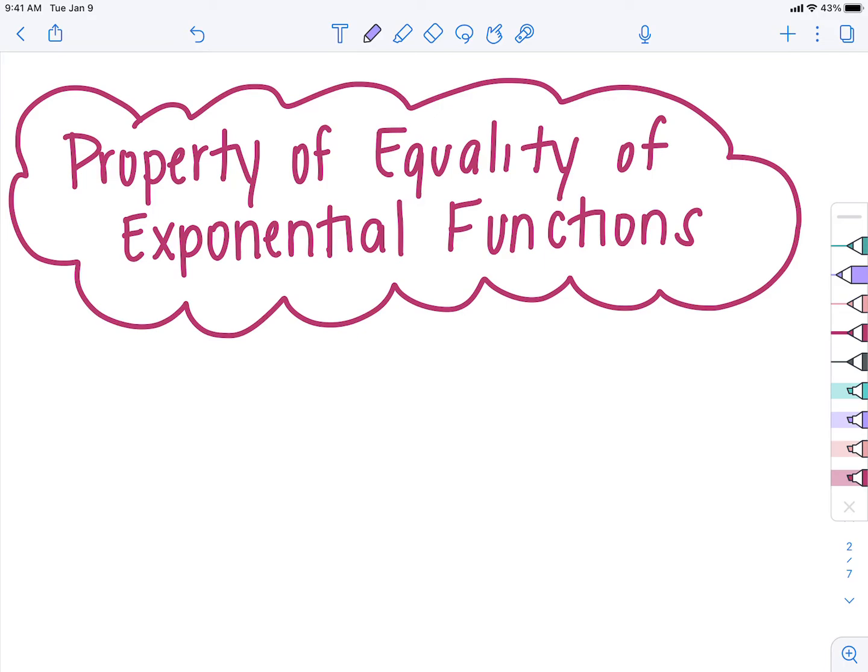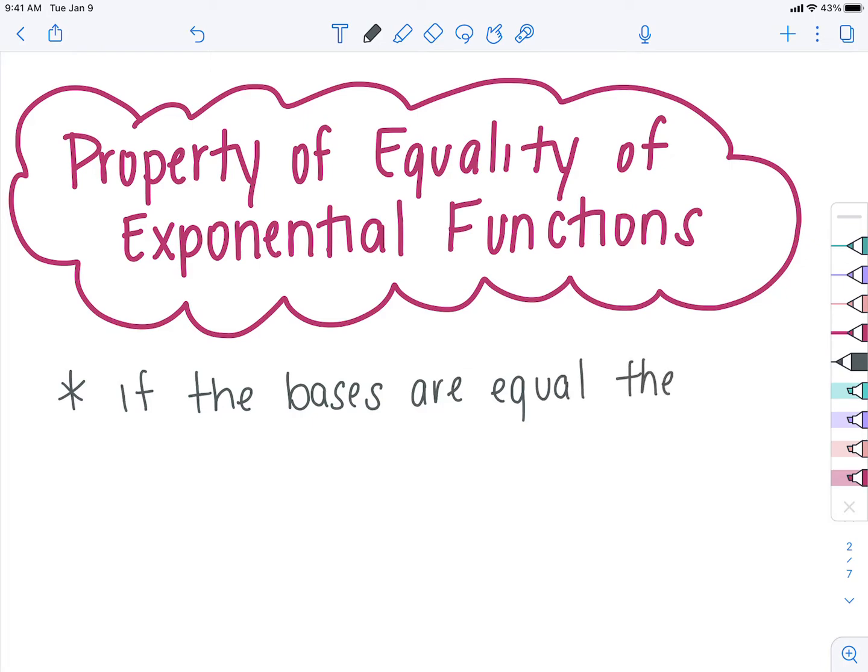So it's our big fancy way of saying, if the bases are equal, then the exponents have to be equal.